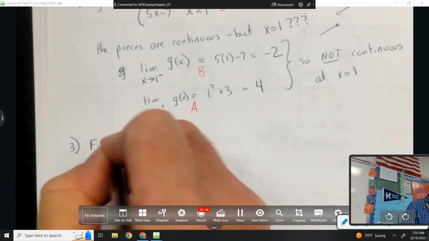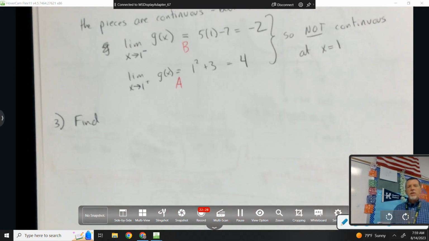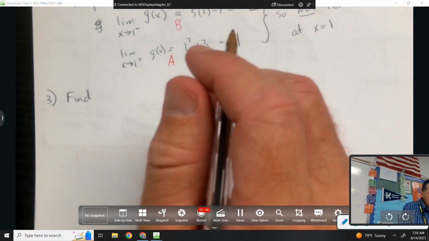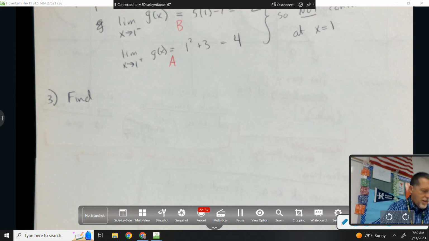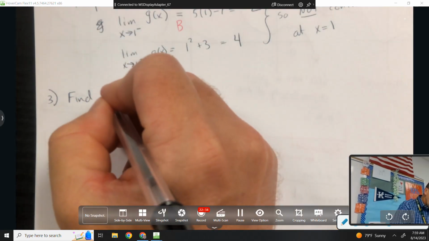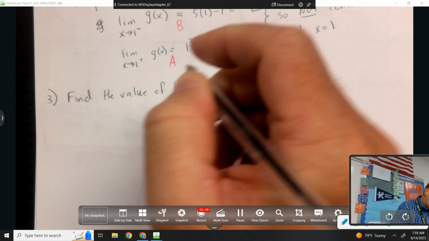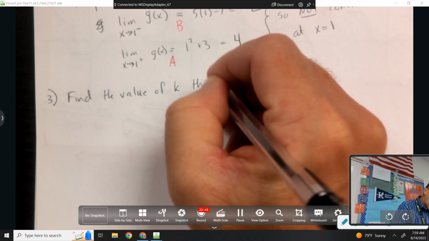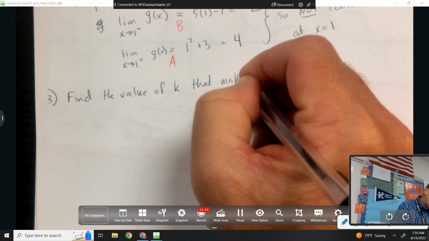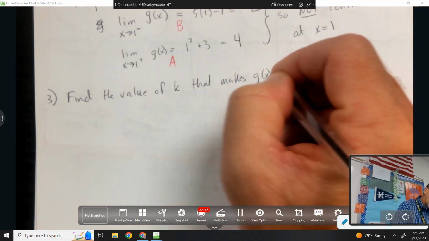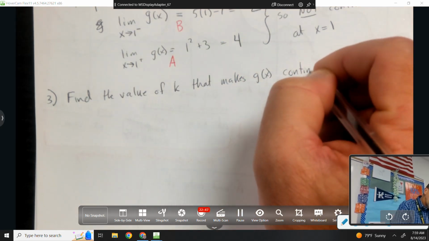Here's a fun continuity question that comes up frequently on my test and the AP test. Find the value of k that makes g of x continuous.